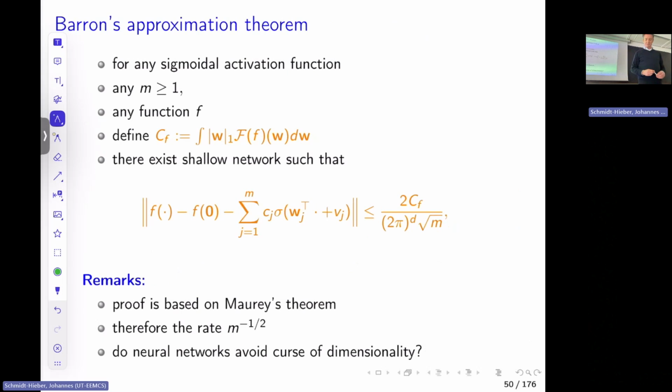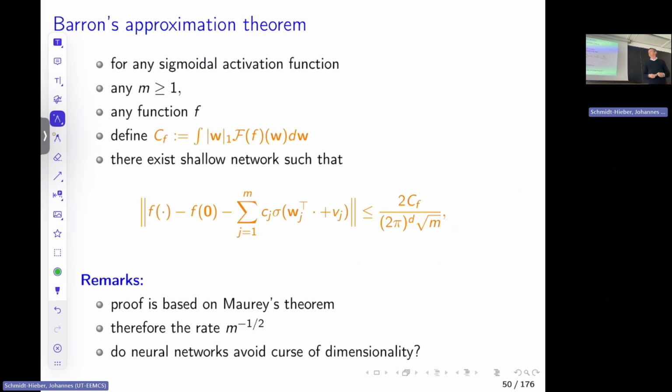Now the final thing I want to discuss about approximation rate before we then come to additional properties of depth: approximation rates for shallow networks are these Barron classes. Historically, they came much earlier. There are two papers by Andrew Barron in 1993 and 1994.